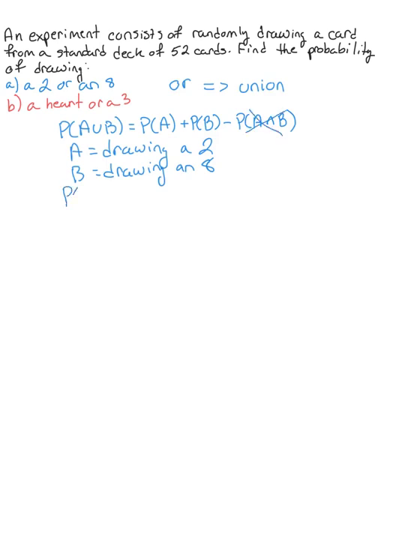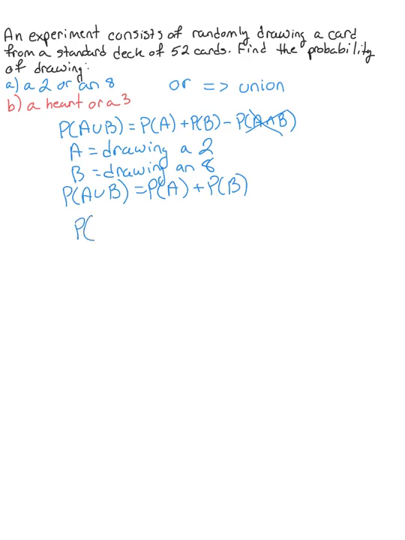So that term goes away, and we're just left with the probability of A union B equal to the probability of A plus the probability of B. All probability questions can be broken down into a ratio, so to speak.